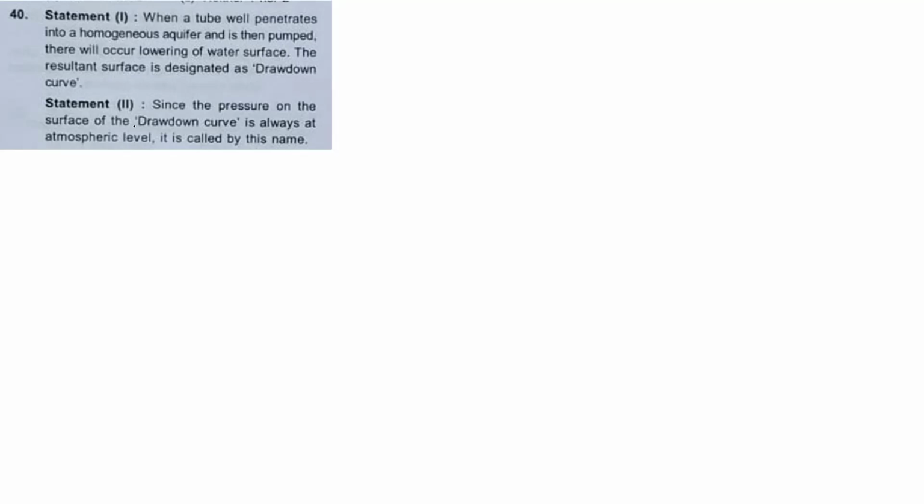Now, since the pressure on the surface of drawdown curve is always at atmospheric level, it is called by this name. No, this statement is incorrect. There is no relation of this name and the pressure is atmospheric. And this is incorrect statement. So option C will be the correct. This is question number 40.